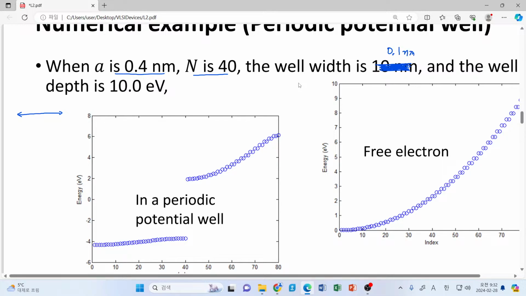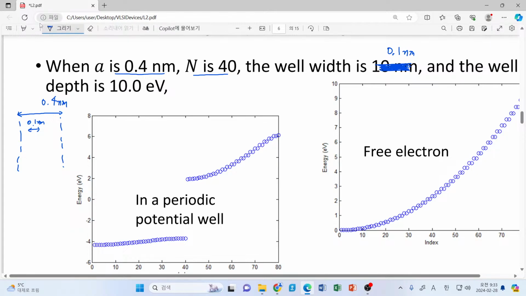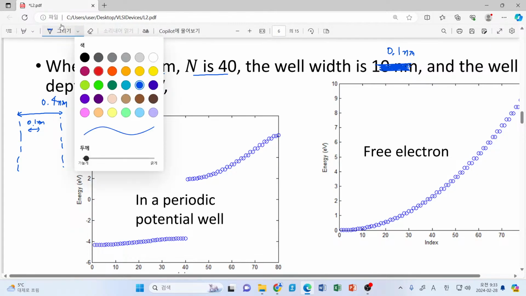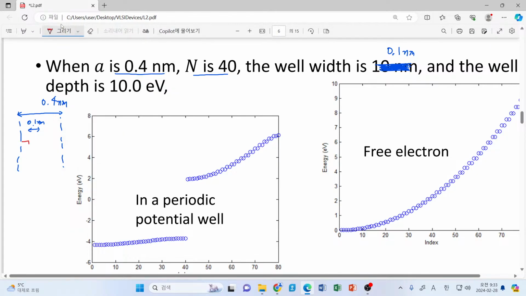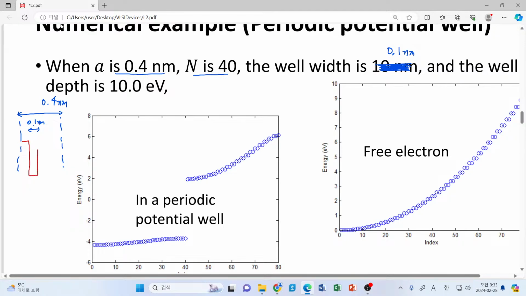So here we have a 0.4 nanometer unit cell, and inside it I introduce a 0.1 nanometer wide potential well, and its depth is given by 10 electron volt.